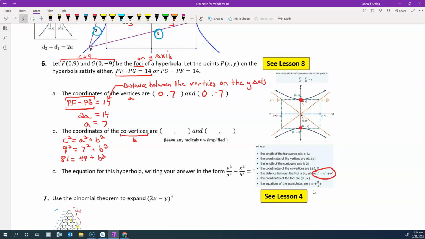Subtract 49 from both sides, and I get 32 equals b squared. If I take the square root of both sides, I get b is root 32.